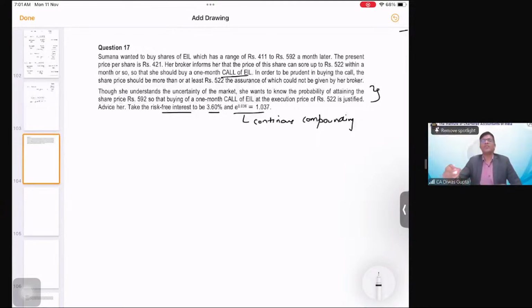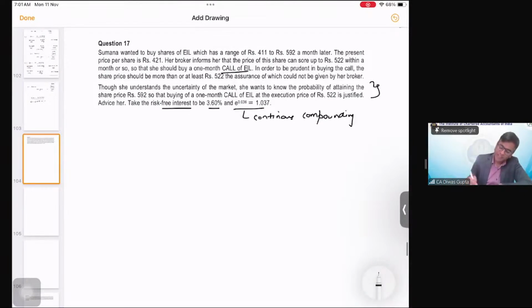So instead of 1 plus r in the formula, it will become e raised to the power r. Clear?